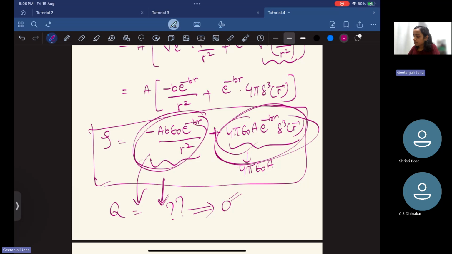Okay, so is this problem clear? If yes, then we'll stop for now, and start solving the next part of this electric field in our next lab session.